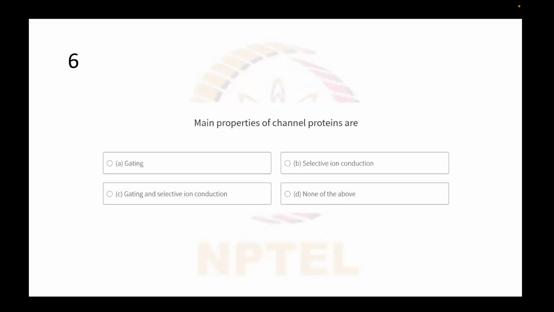So the main properties of channel proteins are whether they are used for gating, selective ion conduction, or both.